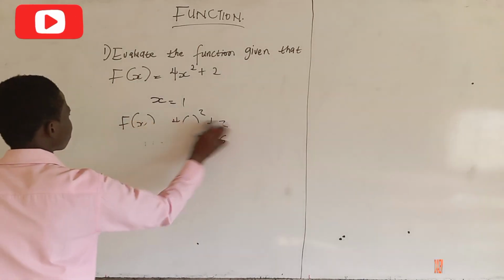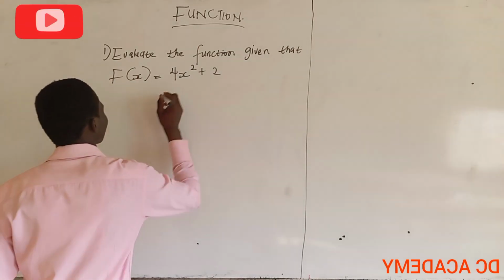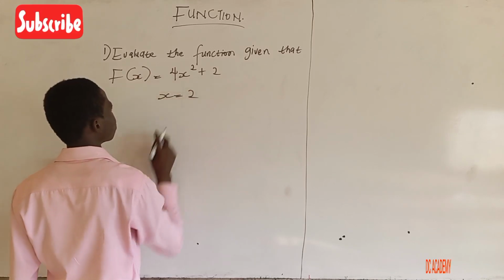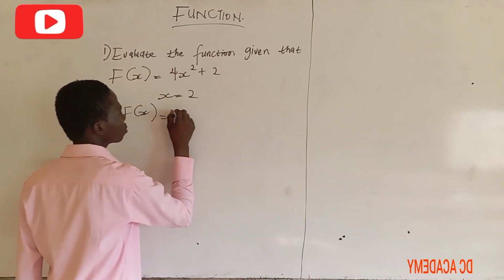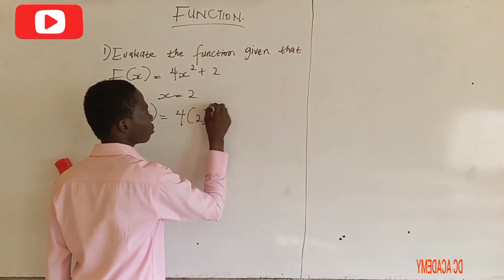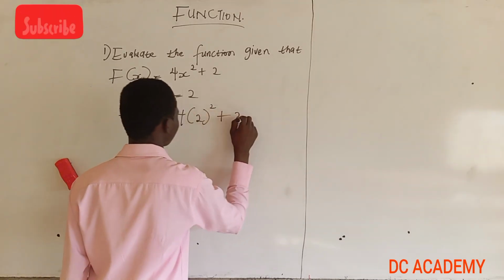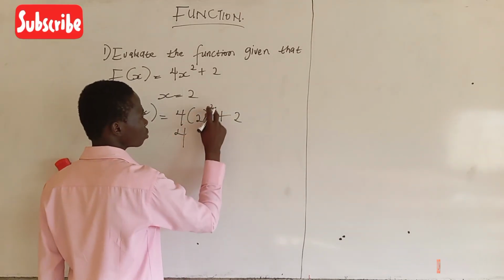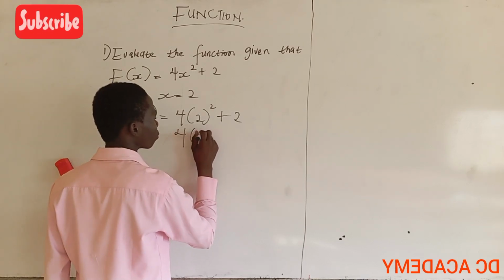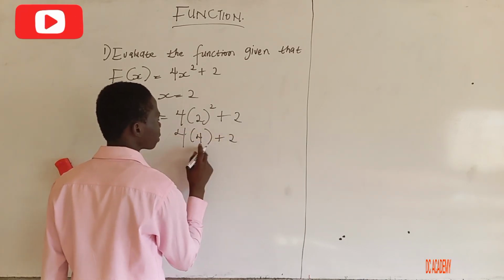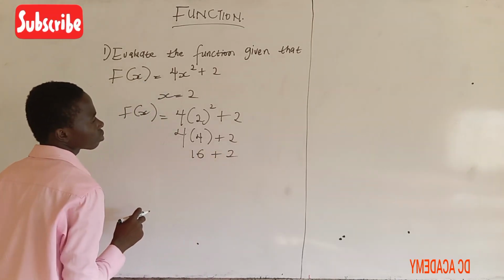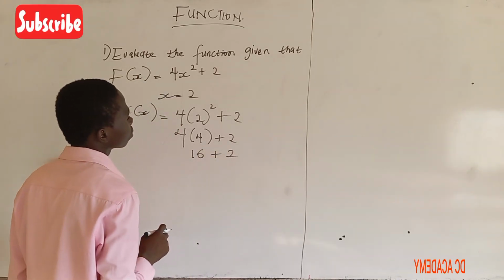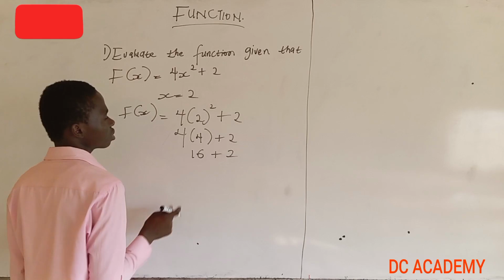Or let's start with 2. Now x is equal to 2. f of x is equal to 4 brackets 2 squared plus 2. 2 squared is 4, and 4 times 4 is 16.